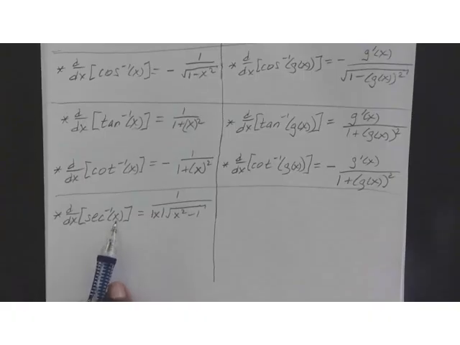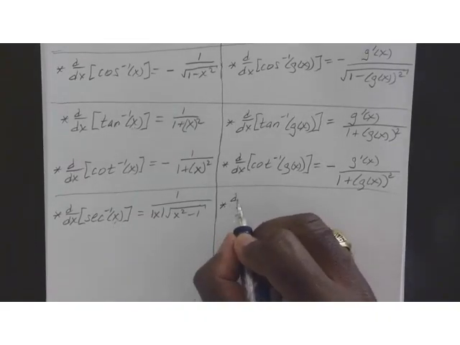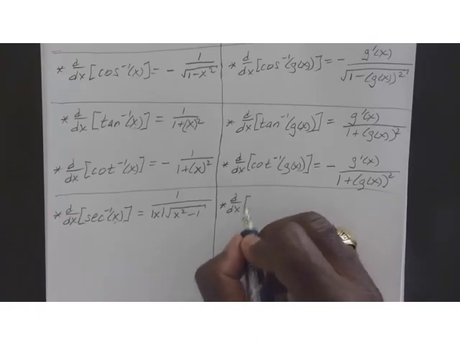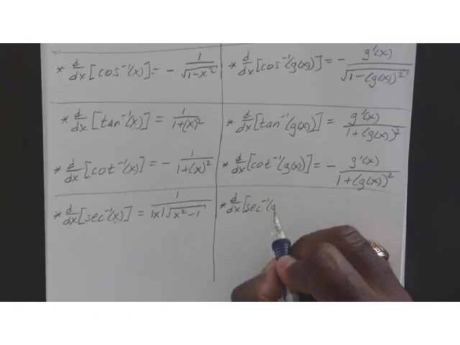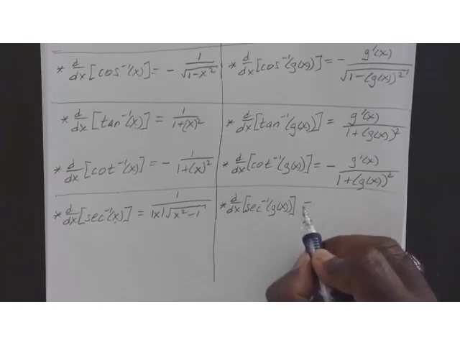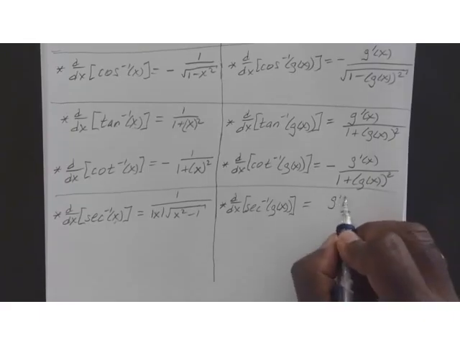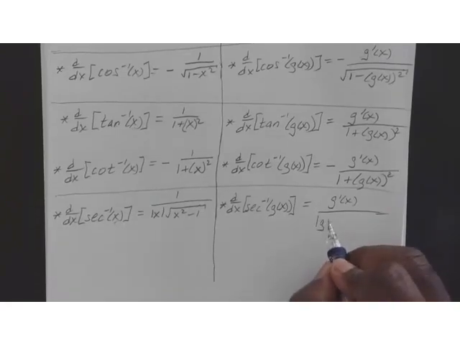And again, for functions other than x, we know that the derivative of secant inverse of some function g of x is just equal to g prime of x, or the derivative of that function, divided by the absolute value of g of x.